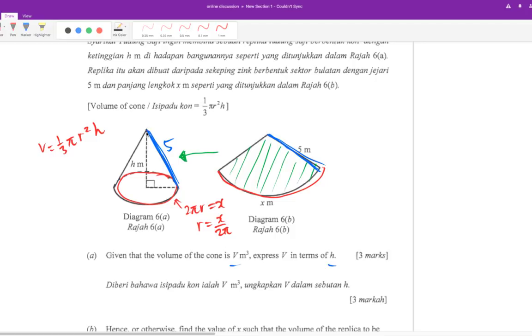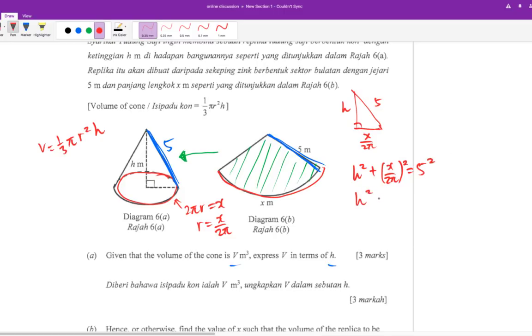Then I will use Pythagoras to form another equation. Do you see that this is a right angle triangle? The hypotenuse is 5, this is h, and the radius is x over 2 pi. So I can form one equation by making x the subject. h square plus x over 2 pi square equals 5 square. This is Pythagoras, you should be familiar.